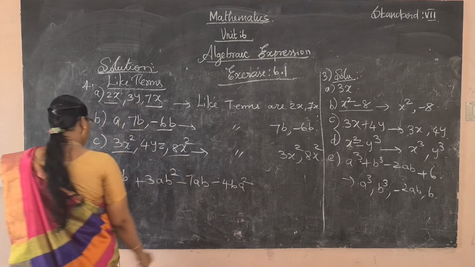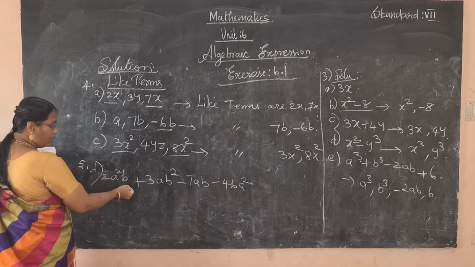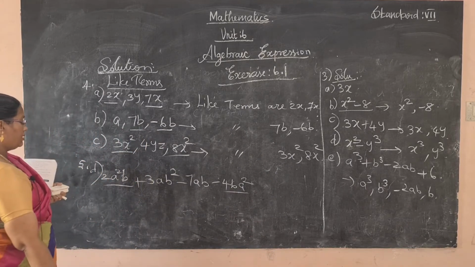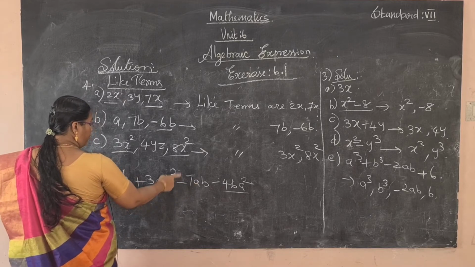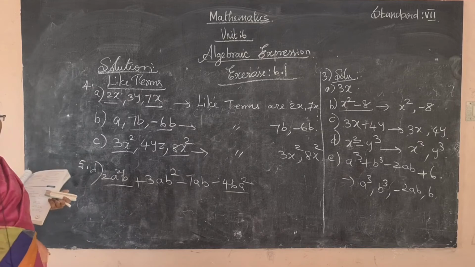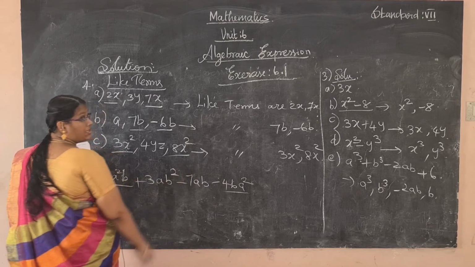So which terms are the same? Here a squared b. Is there any other a squared b? These two are the like terms. And here 3a is there, but here b squared, and here b term. Both are different. So what is the definition of like terms? The same variables and same degree.